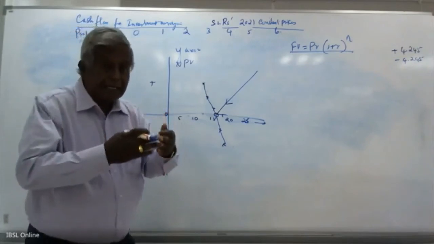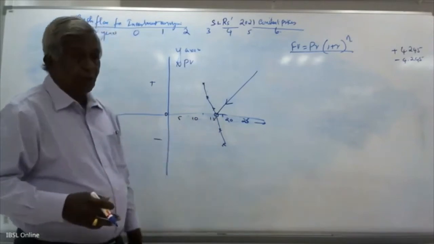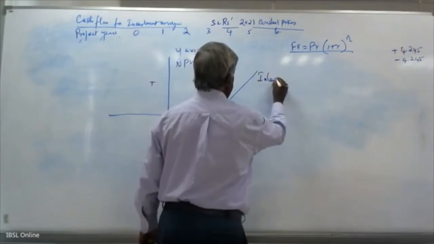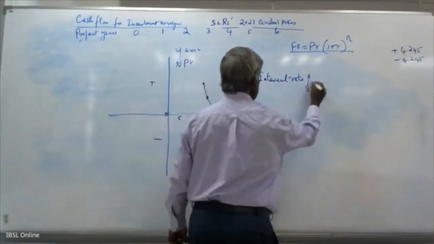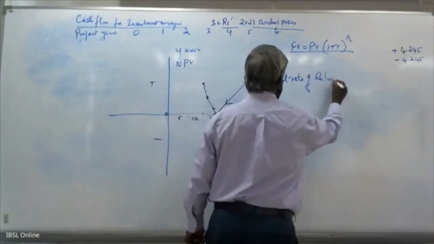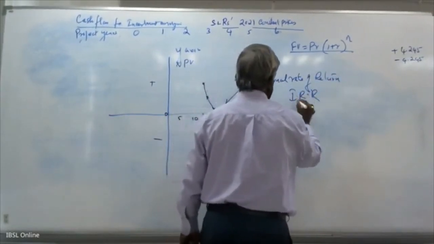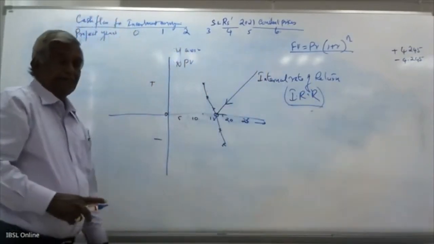So it is a break-even point. We call this point the internal rate of return, IRR. This point is the IRR.